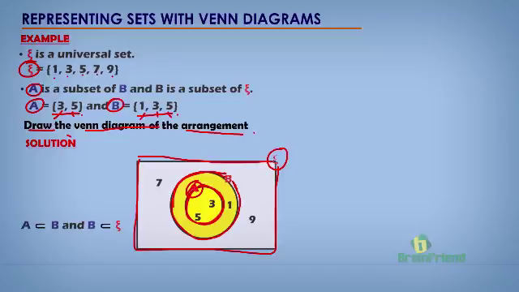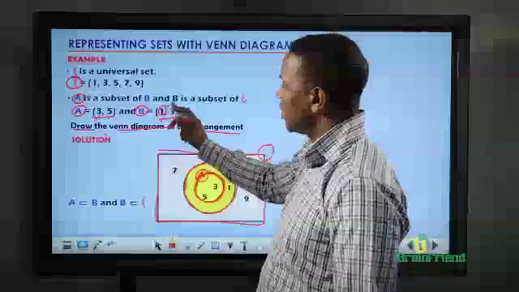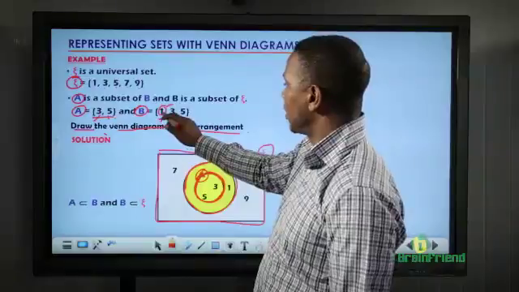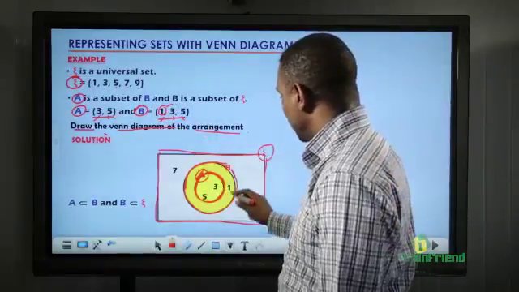This circle within a circle indicates that A is a subset of B, or B contains A, or A is contained in B. Take note also that the set A is not just a subset of B, but it is a proper subset. A proper subset means that at least one element in B is not in A. While all of A can be found in B, at least one element in B cannot be found in A. That element in B that cannot be found in A is 1.